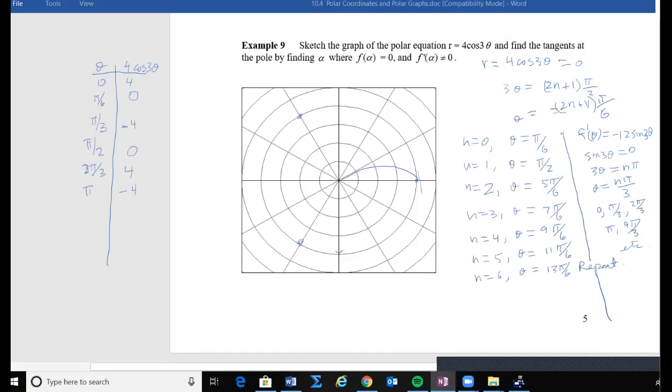And that means that theta is 2n plus 1 times pi over 6. Solving for theta, at various values of n, I generate these numbers. And I also check where my derivative of f equals 0. And that turns out to be at these numbers and pi over 3, where n is just an integer. Okay, 1, 2, 3, negatives also.